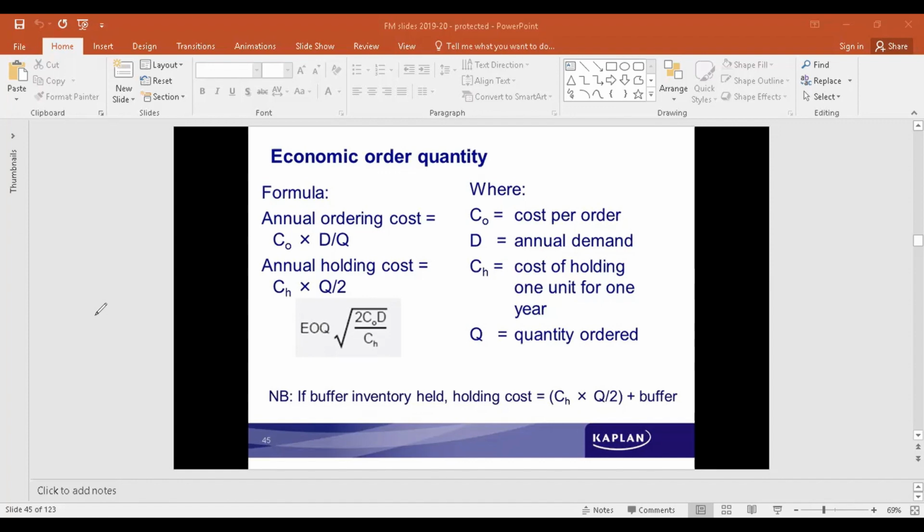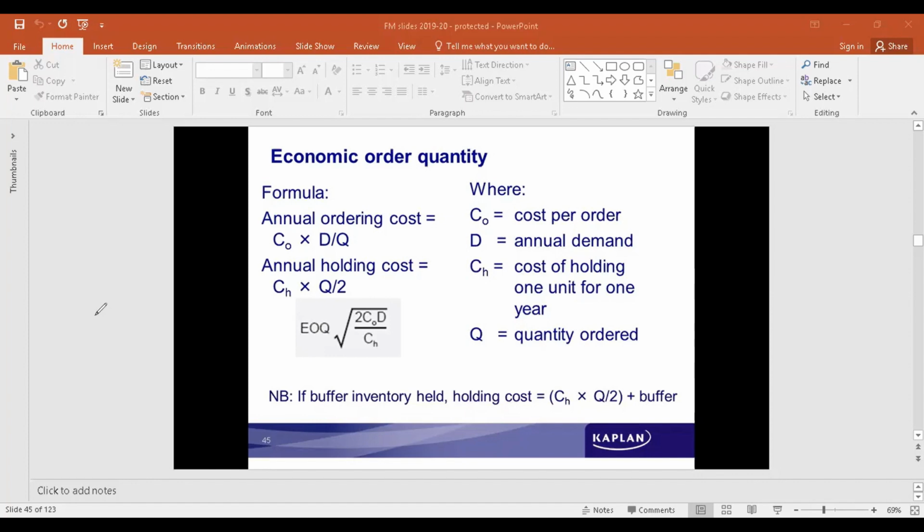Storage cost would be very high. Investing so much into buying 50,000 units will block their capital. They have to keep on paying the cost of capital on that. So there are certain costs of holding the inventory for such a long period, and they would be very high.